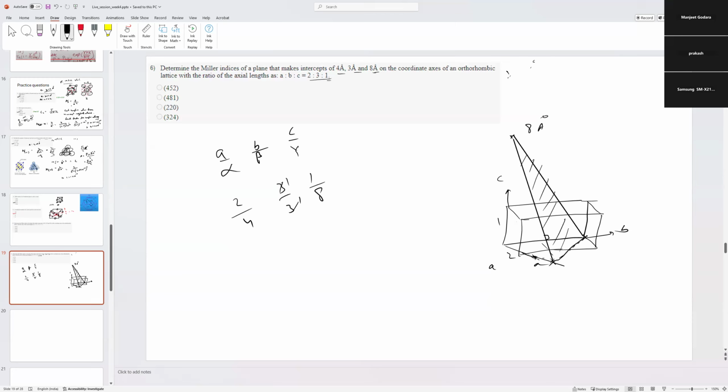And this becomes 1 over 2, 1, and 1 over 8. Now you can work it to integers, so multiply all these by 8. So you get 4, 8, and 1. Now this becomes your Miller indices: (4 8 1).